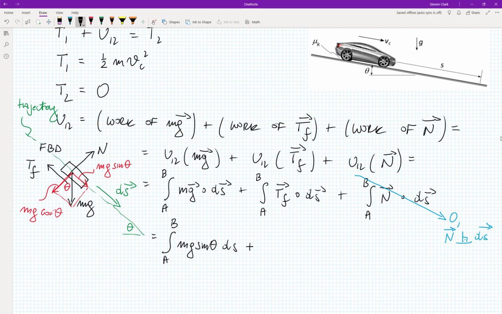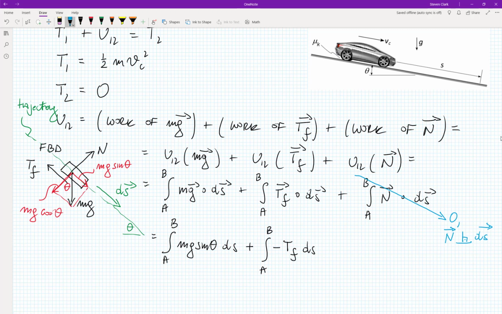How about tf? Tf is already aligned with the ds, right? But it points in the other way. So here we will have minus tf ds from a to b. And let's maybe express that TF in more civilized way, okay?